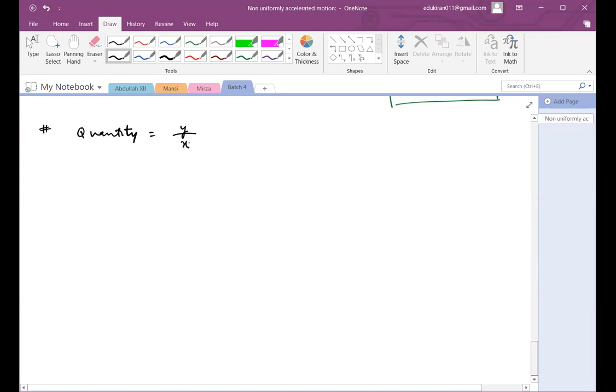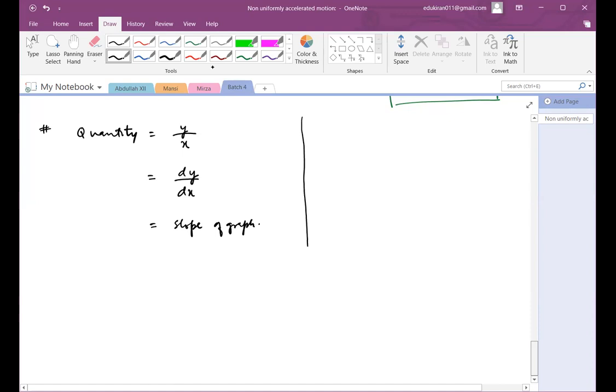Whenever you have a numerical value, just put in the formula and you'll get your answer. But if y is any x-dependent function, just use dy by dx to get that quantity. And if there is a graph between y and x, you will take the slope of that particular graph.